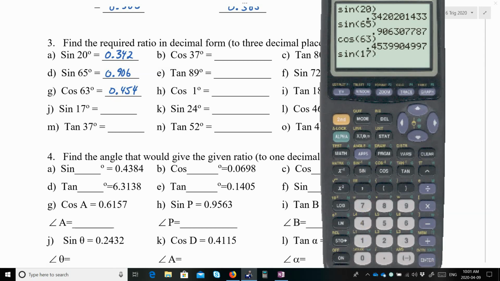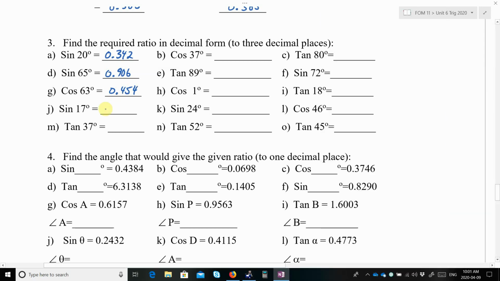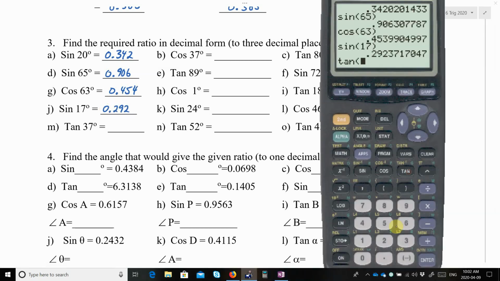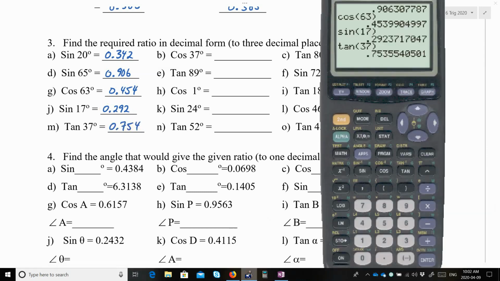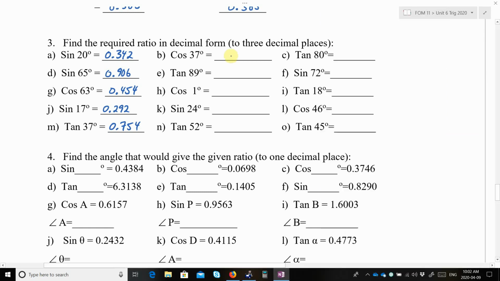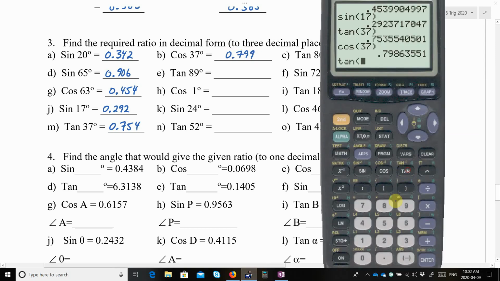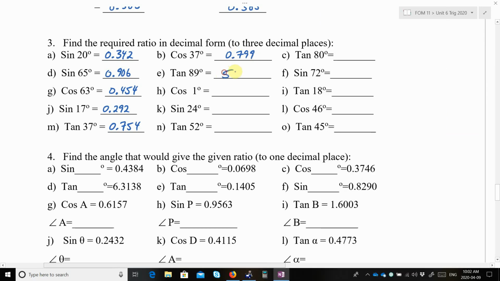Sine 17, 0.292. And tan of 37, 0.754. Cos 37 is 0.799. Tan 89 is 57.29, let's say.